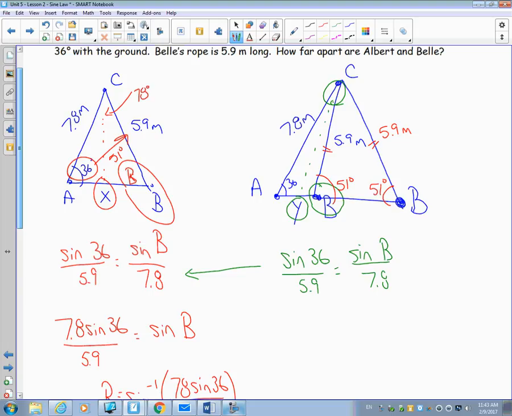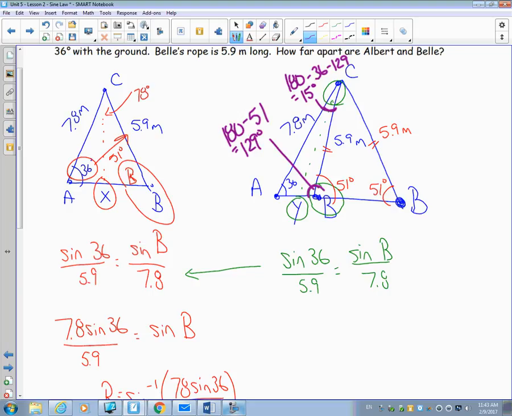Which means if I want to solve for the angle on the inside, I have to take 180 and subtract the B, we have a straight line there, to get 129. Which means if they're on the same side, the angle up here, again I got to take 180 and subtract my triangle, which we now know is 36 and 129, to get an answer of 15 degrees.